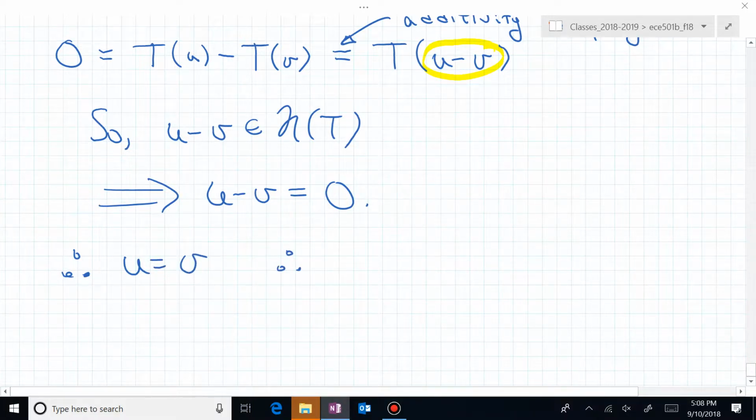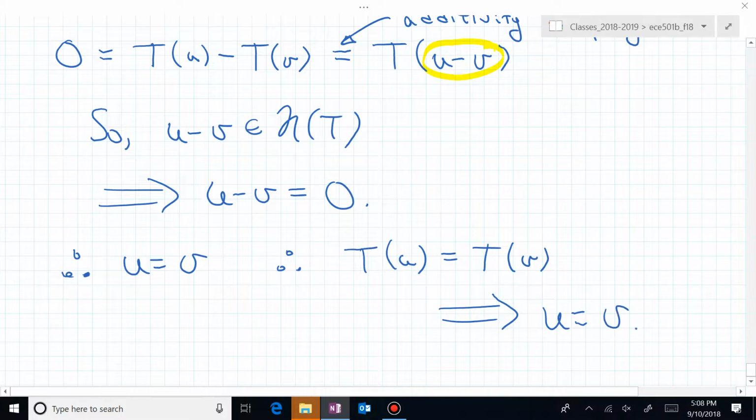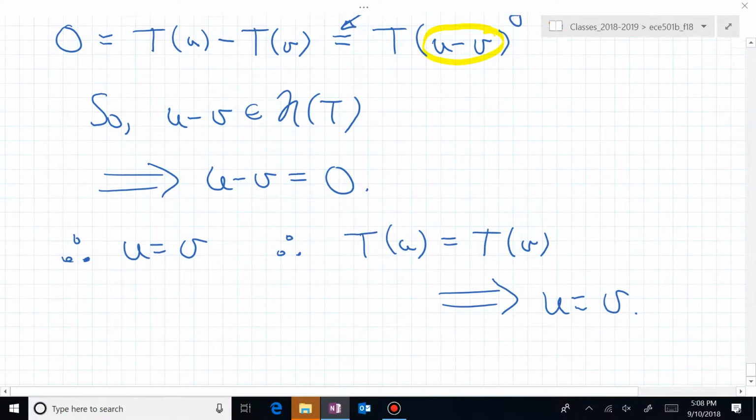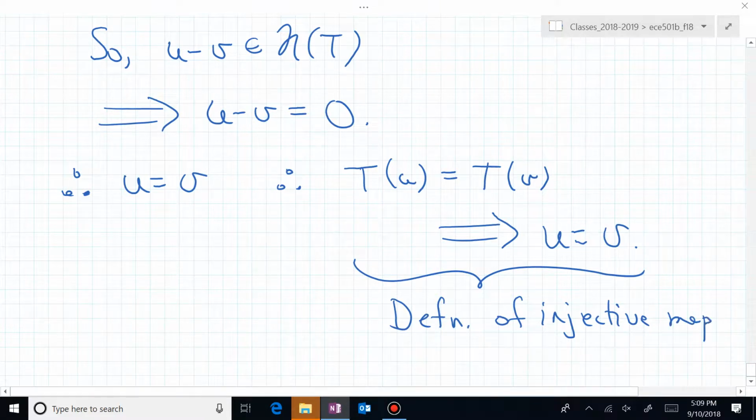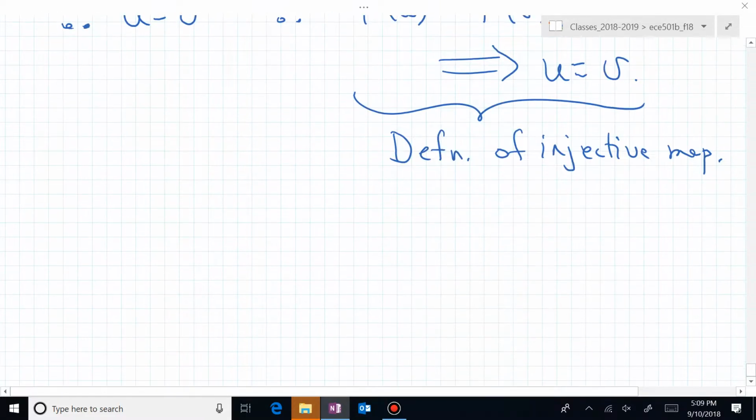And what have we shown? Therefore, T of u equaling T of v has actually implied that u is equal to v. And this is actually the definition of an injective map. So there we've proved the other direction.